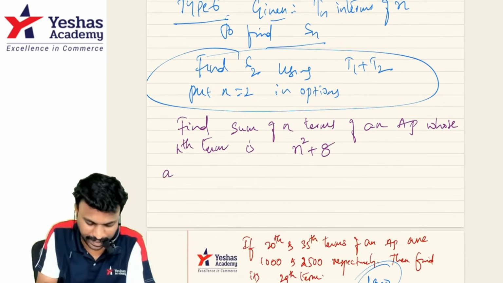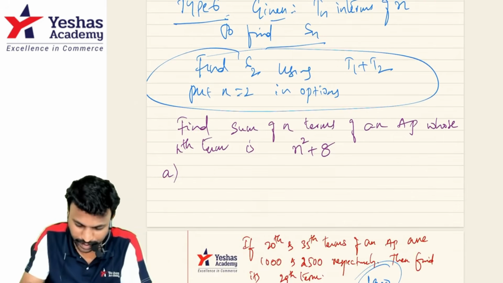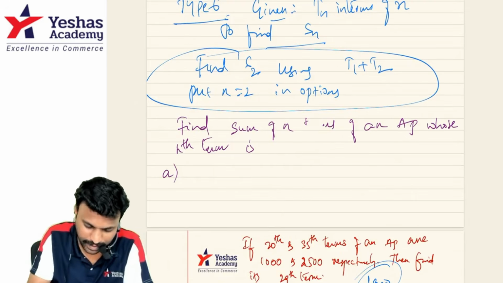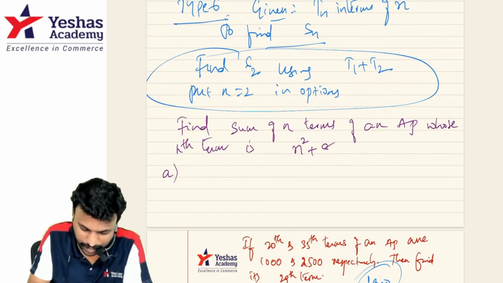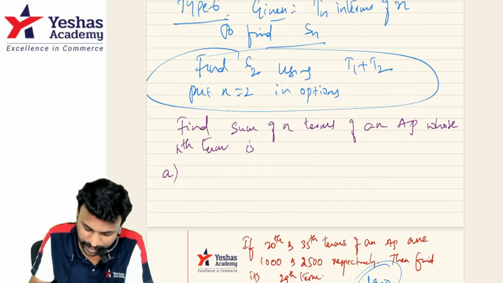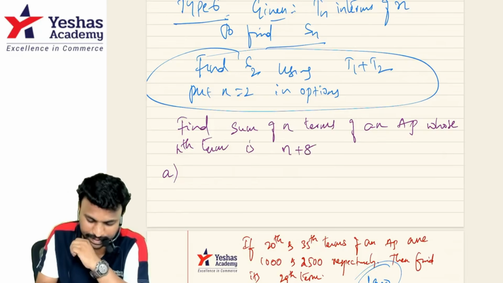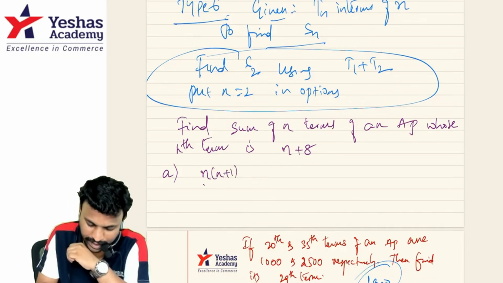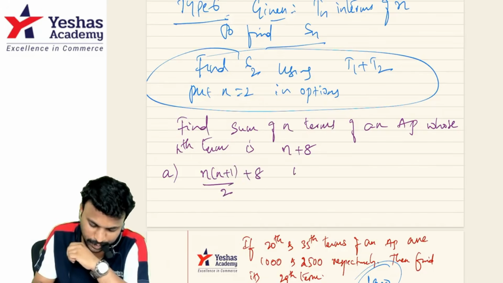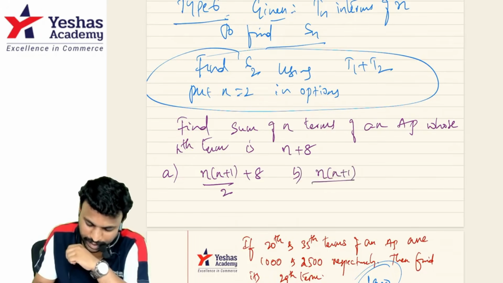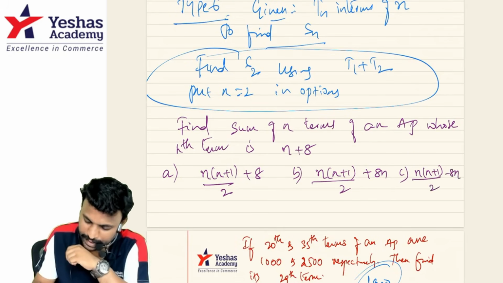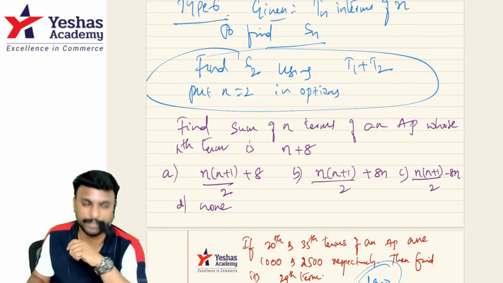It cannot be n square; the sum of n terms only will have highest power of n as 2. The first option is n into n plus 1 divided by 2 plus 8. Option B, n into n plus 1 divided by 2 plus 8n. Option C, n into n plus 1 divided by 2 minus 8n. Option D, none of these.